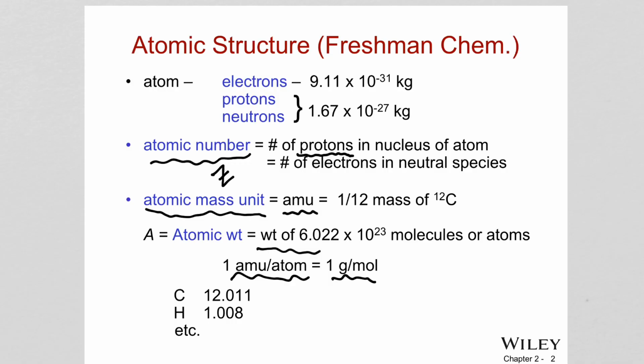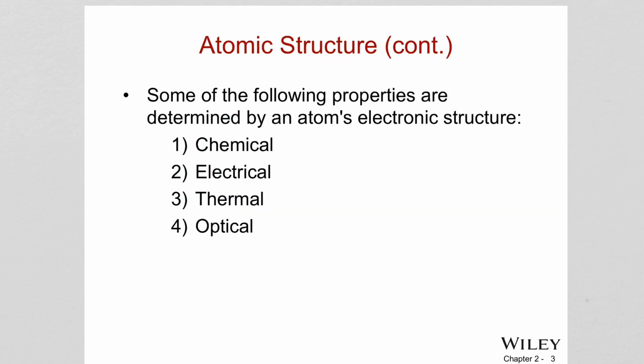And we can also say carbon 12 is 12 gram per mole. You can also say that. So atomic structure, of course, controls all sorts of properties: chemical, electrical, thermal, optical.